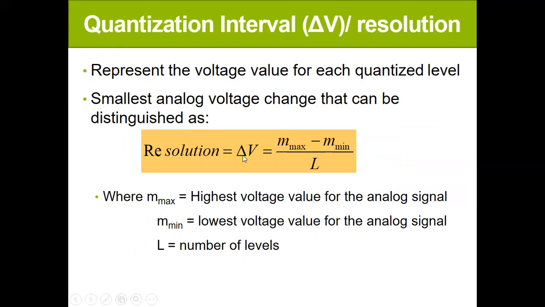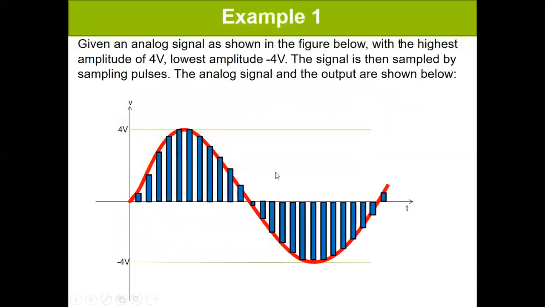So how do we know the value of resolution or quantization interval? That is maximum M minus minimum M divided by L, the highest voltage minus the lowest voltage, divided by the number of levels. Let us see for this example what the interval is, because here we are discussing equal intervals.